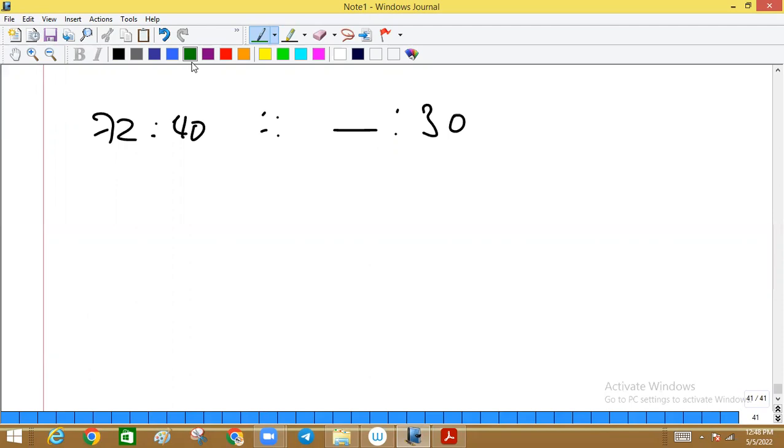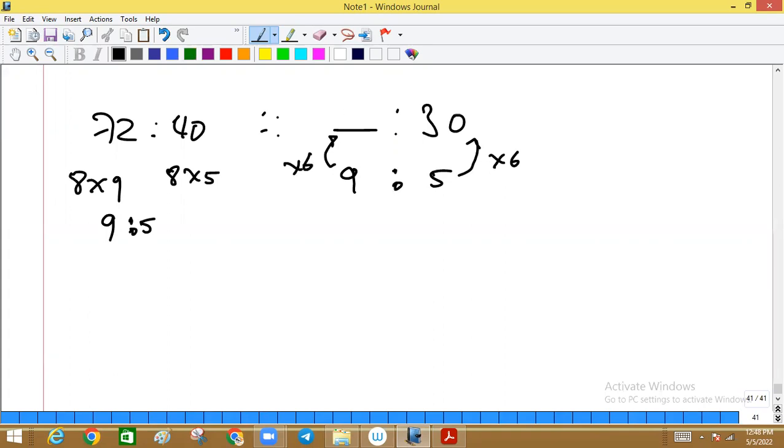If 8 is a common factor, what is the ratio? 9:5. 8 nine times is 72, 8 five times is 40, so the ratio is 9:5. Here also the ratio should be 9:5, because it's based upon the factors. 5 times 6 is 30, so 9 times 6 gives your answer, 54. It is based upon your factors.